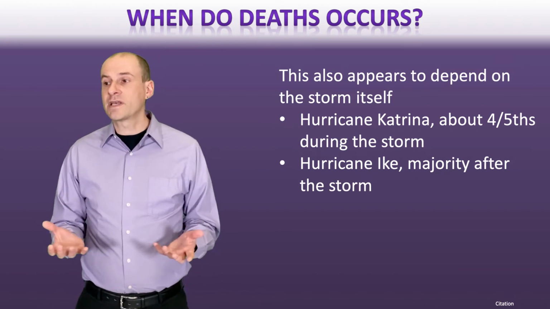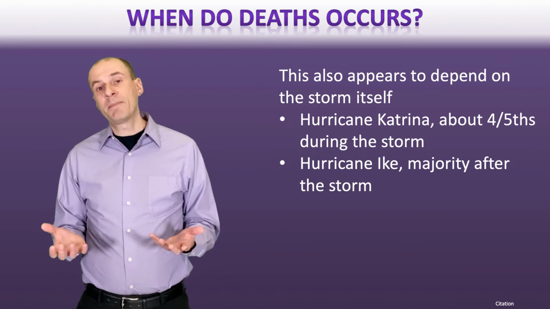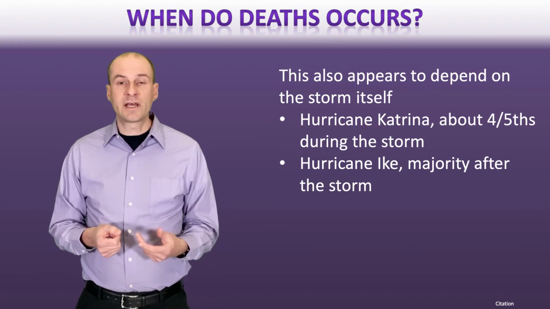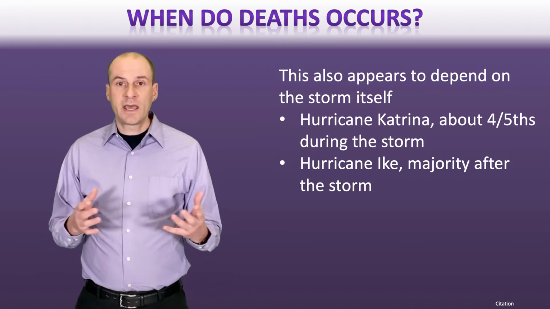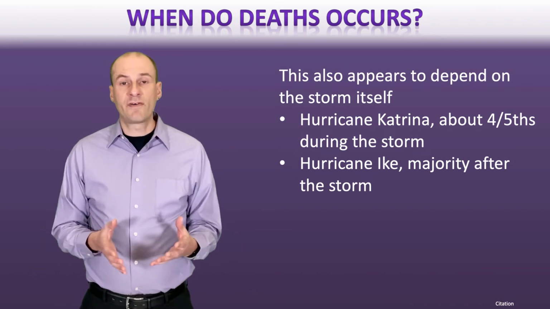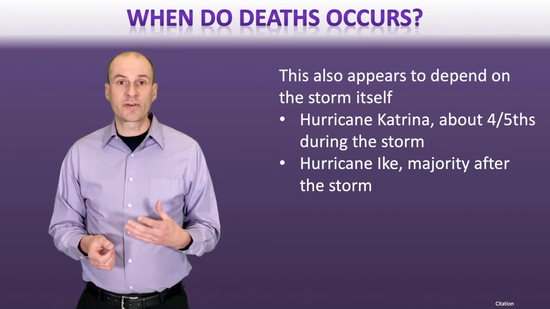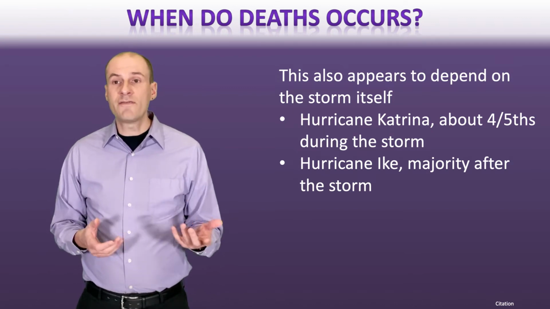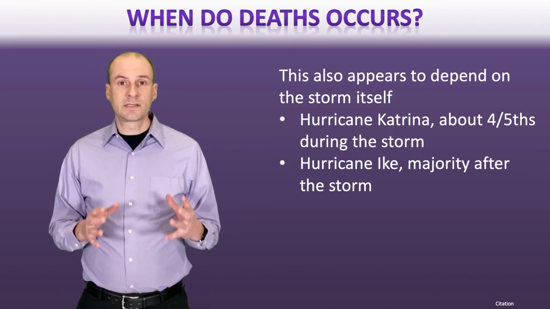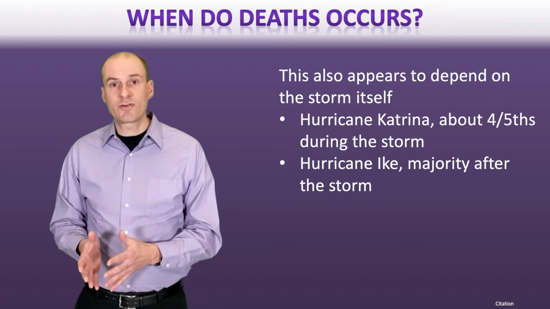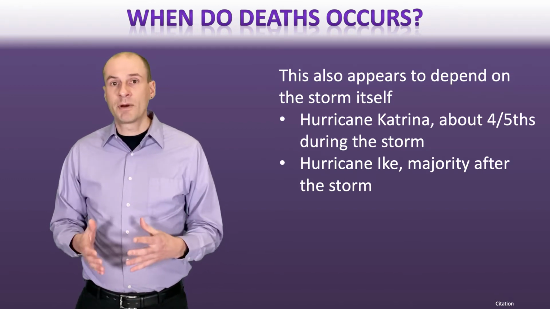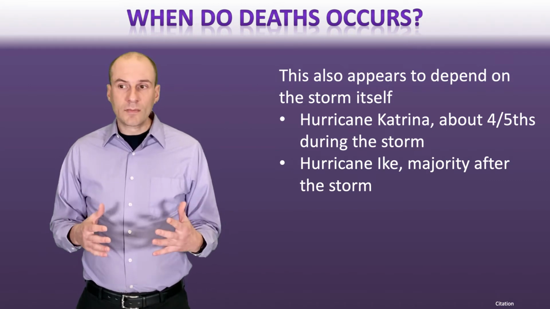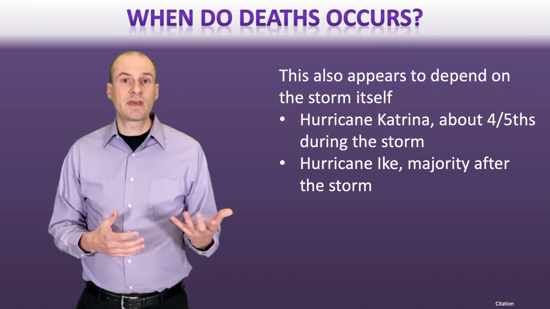For Hurricane Ike, for example, a majority seem to happen after the storm. We know that for some natural disasters, the vast majority of deaths occur after the storm. For example, if you have a cholera outbreak or typhus or something like that. So sometimes impacts after an event can be much more serious. Sometimes it's the event itself. So that's just important to consider when we think about planning.